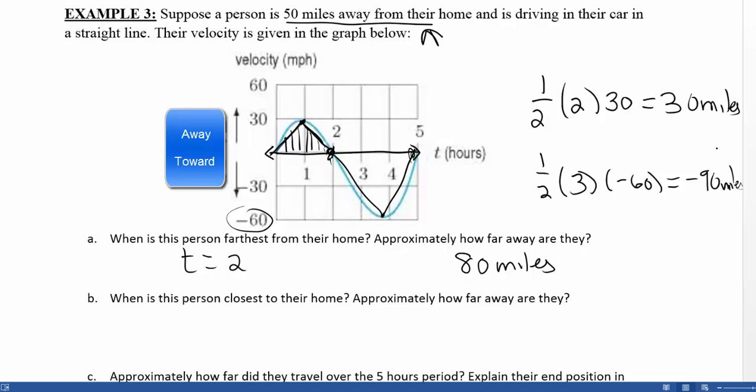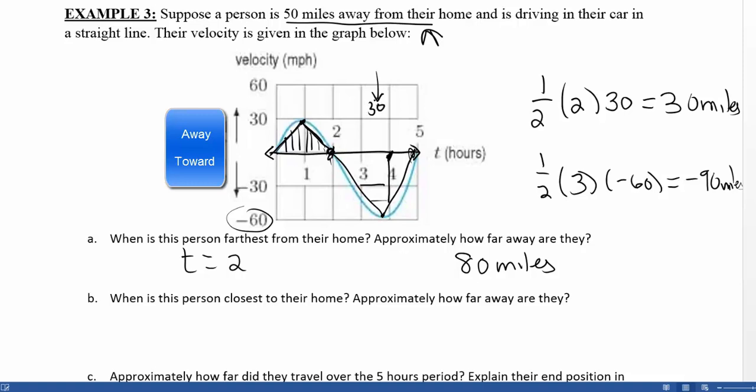So when this person was closest to their home, it's going to be when the area is approximately 80. So we know that going all the way to 5 hours is a little too much. If we try to approximate how much area there is at 4 hours, we end up with some funky shapes, but we can certainly work with them. So if I'm approximating here, each one of these little blocks is a 30 by 1.